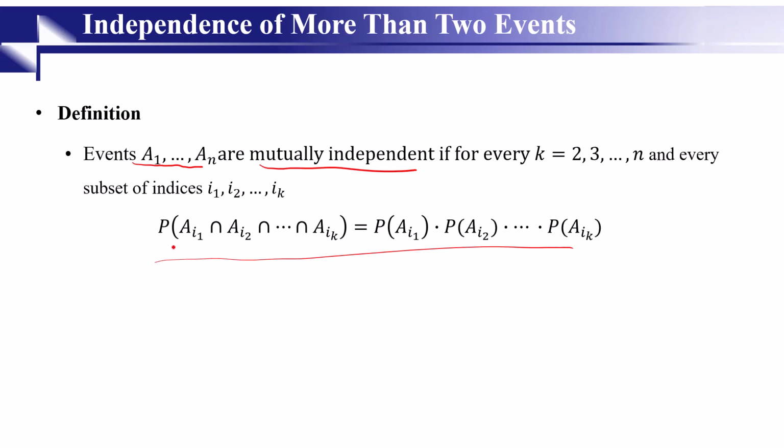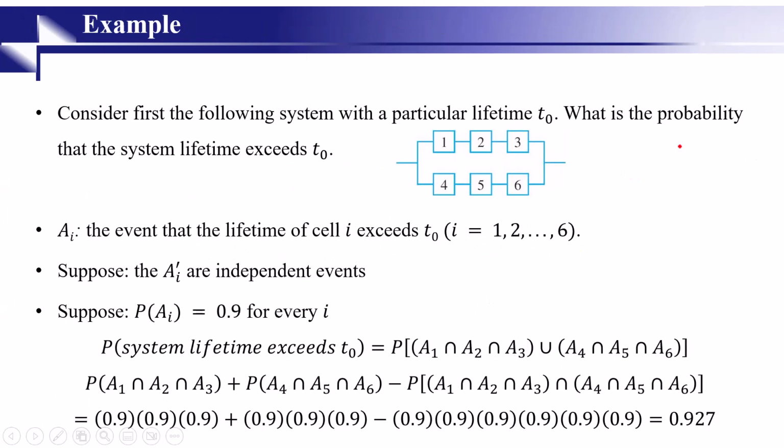So we can see here, this formula shows for the indices i1, i2 up to ik, probability of Ai1 up to Aik is probability of Ai1 multiply probability of Ai2 up to probability of Aik. It's a strong condition and we will see it in a system example next.